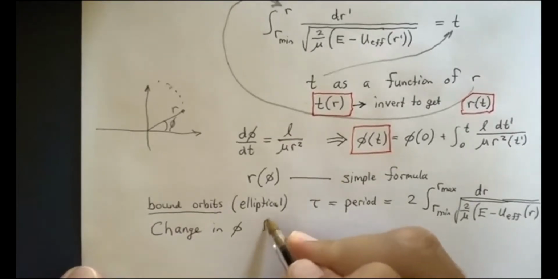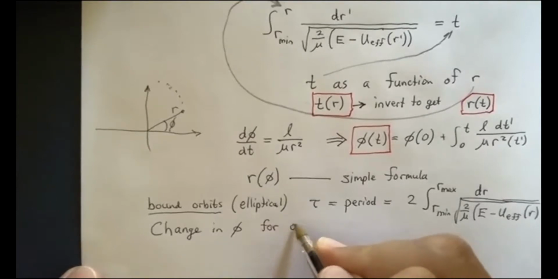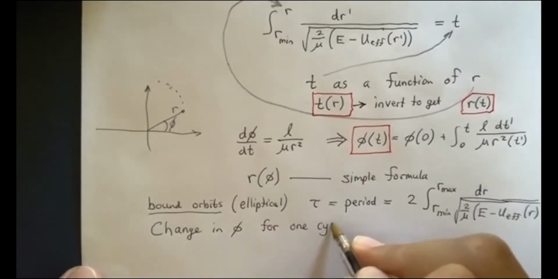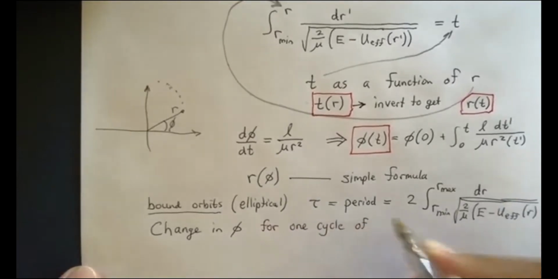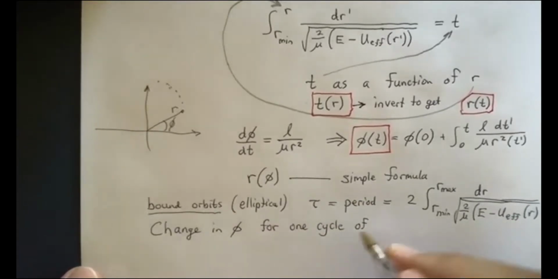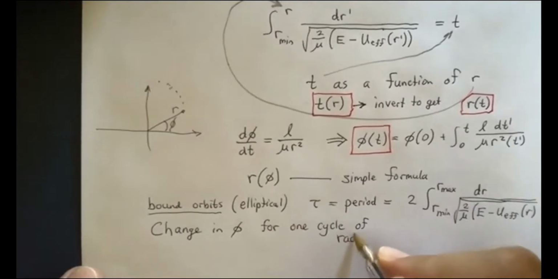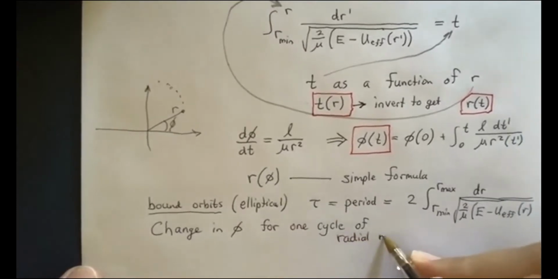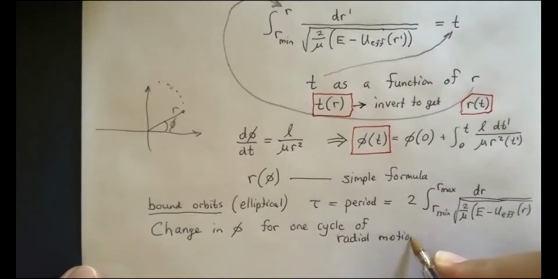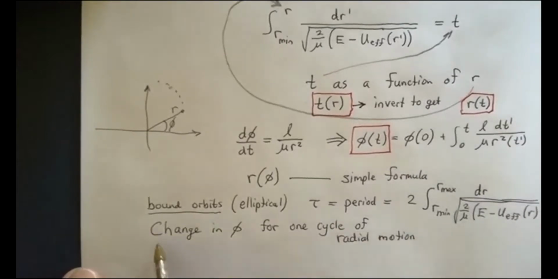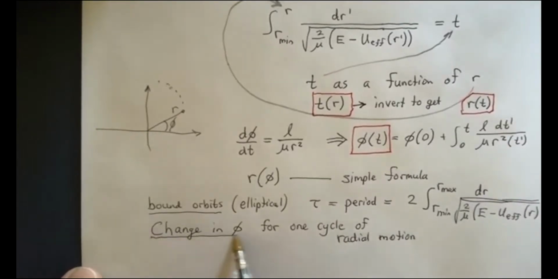So for one cycle, okay, remember for these bound problems, the radial motion is periodic. Okay, let's underline that because this is important to us.